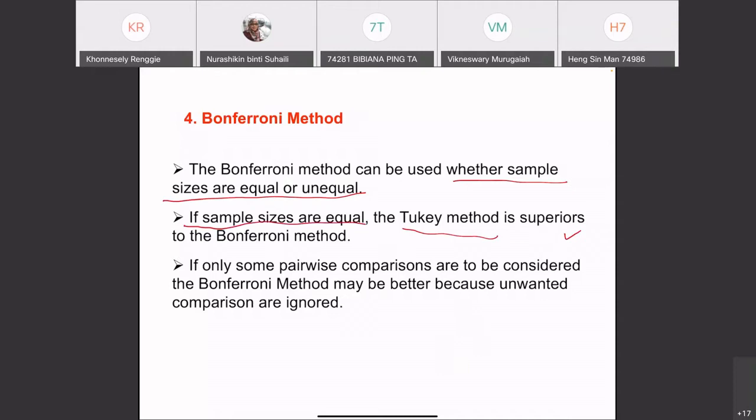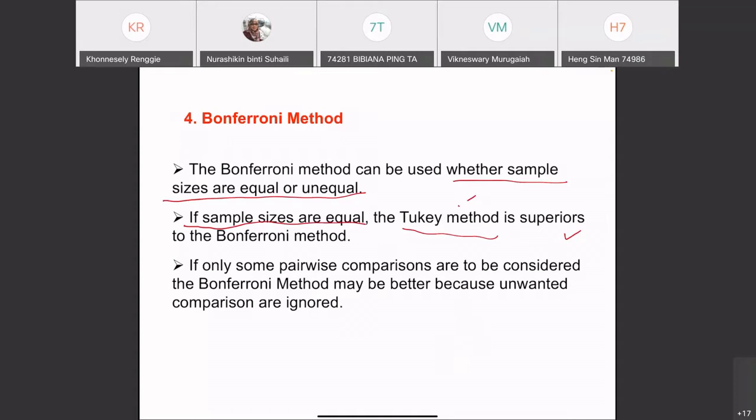So if in the question it is not mentioned which test you have to use, I would suggest you to use Tukey method. But if you use Bonferonni method, it is also not wrong.